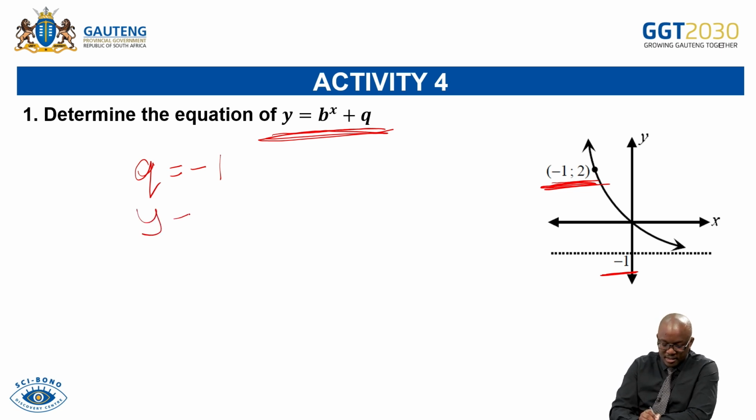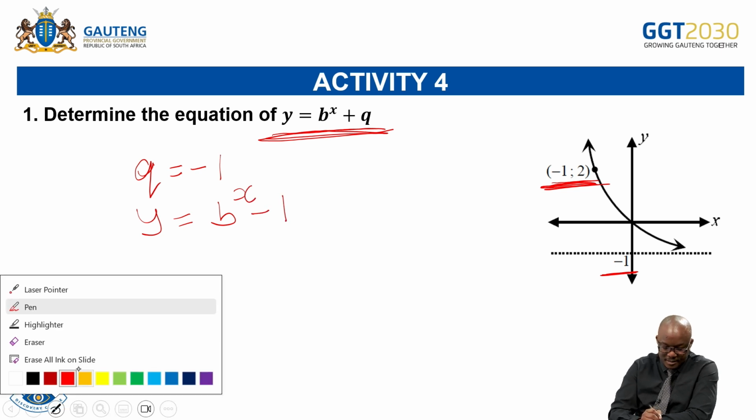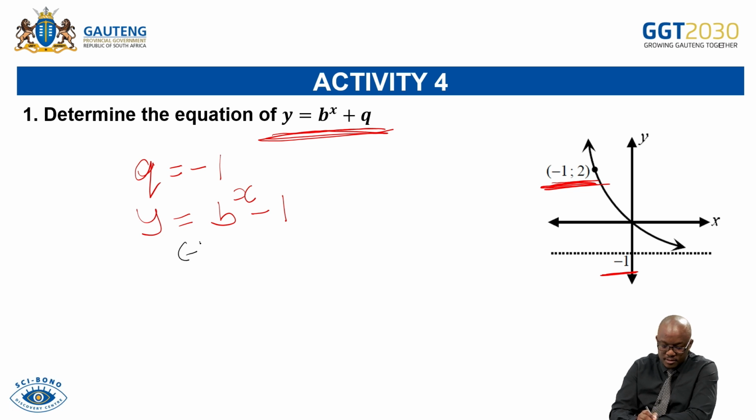Therefore, you will have y is equal to b to the exponent of x minus 1. Then 1 point that we are looking for is (-1; 2) on your graph. Then we do have x and y. So now your y is 2. b we don't know, but x is -1 minus 1.